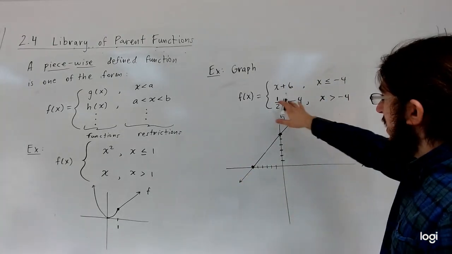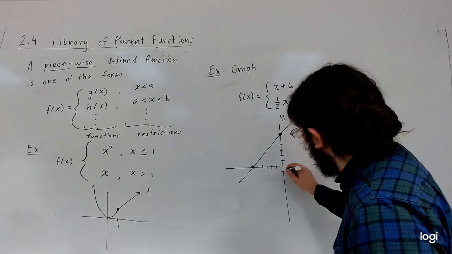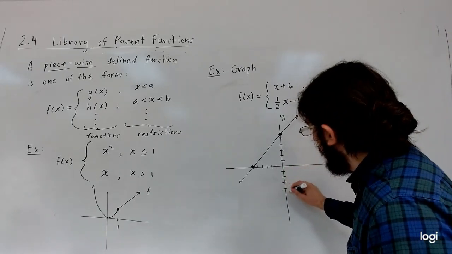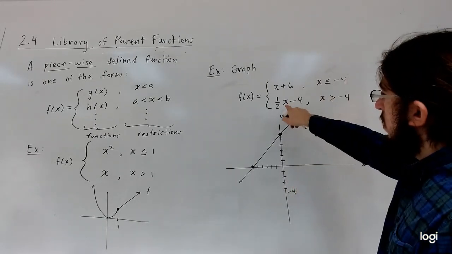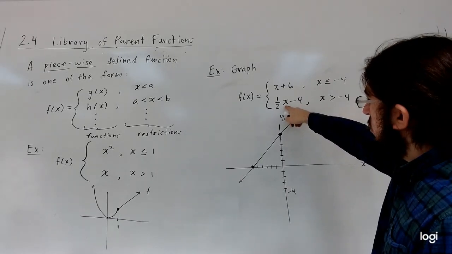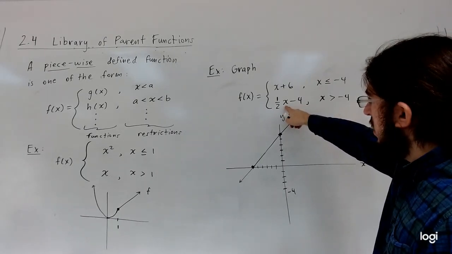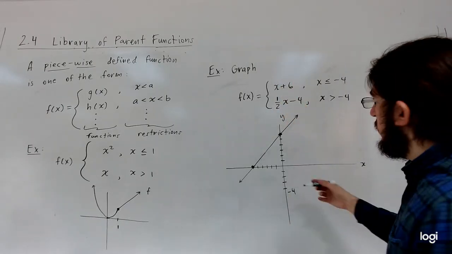Well, the other one is 1/2 x minus 4, which has a y-intercept of negative 4. And if you want to find its 0, well, when x is equal to 8, actually, we get 4 minus 4, because half of 8 is 4.